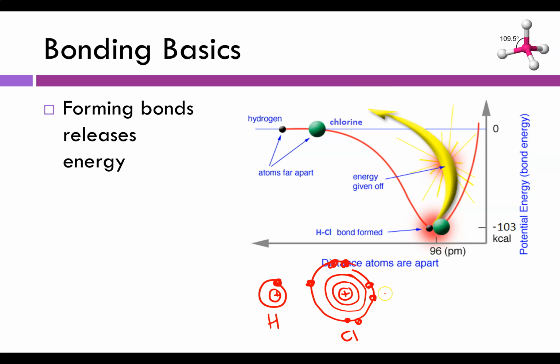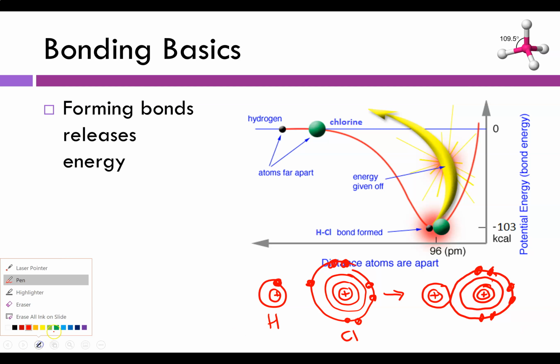Hopefully you're thinking that we're going to start to fill their valence shell. In the case of hydrogen, we complete what's called a duet. It doesn't have an octet of electrons, only 2 will fit in that first energy level. But in the case of chlorine, we're going to get an octet of electrons. And I'm just going to switch colors and put my shared electrons in blue. Electrons that are being shared between H and Cl.